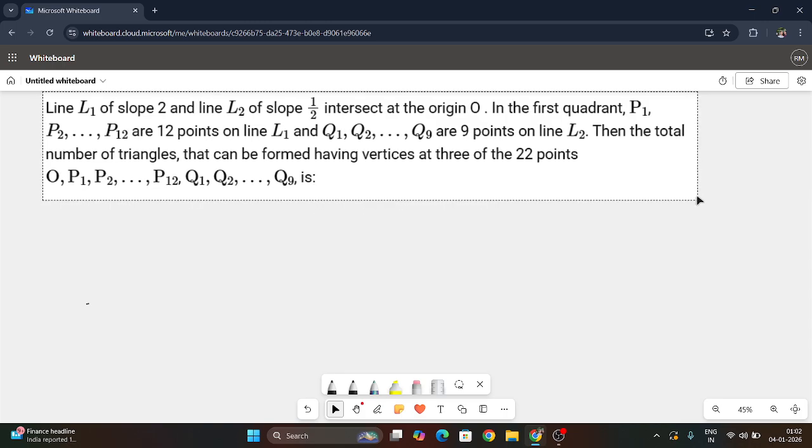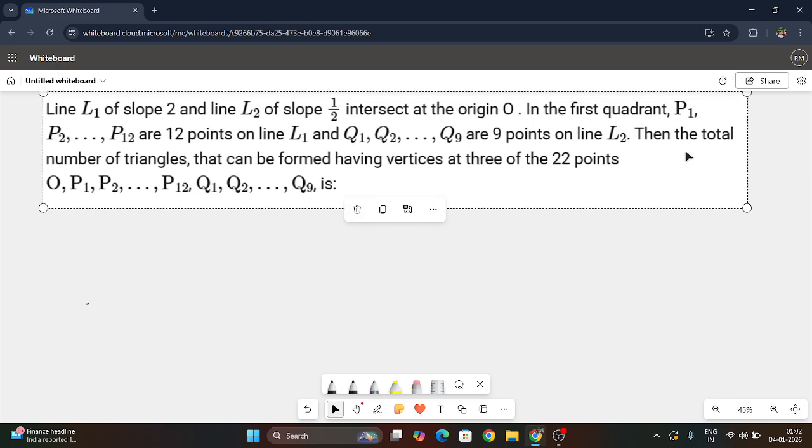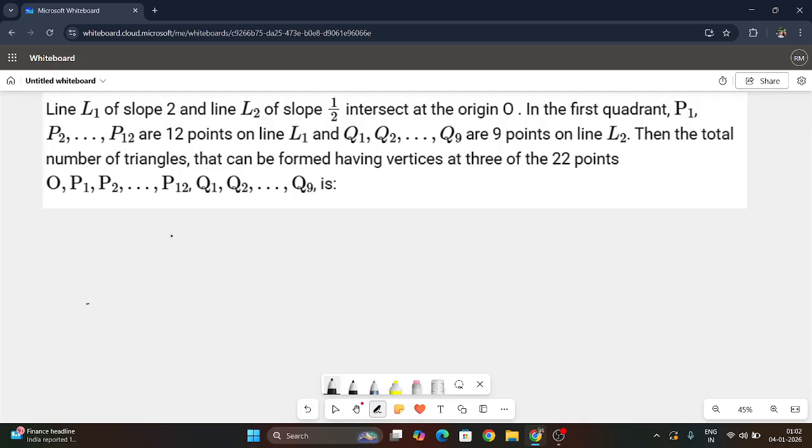Okay, so let's start solving this question. And the question is saying that line L1 of slope 2 and line L2 of slope 1 by 2 intersect at the origin. Okay, let's make the graph of these lines first.